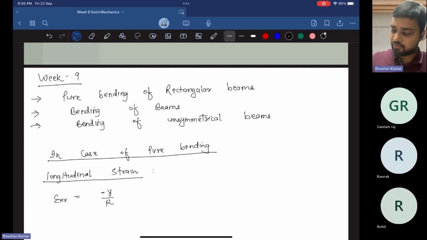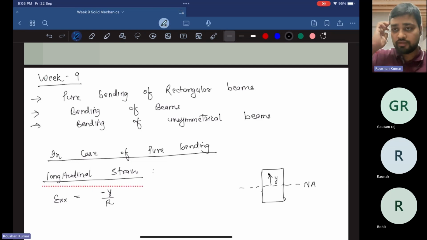Suppose we have this cross section and this is the neutral axis. The distance y is the location of a point from the neutral axis, and r is the radius of curvature.